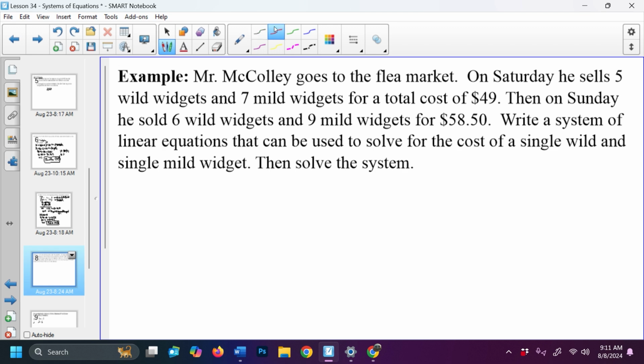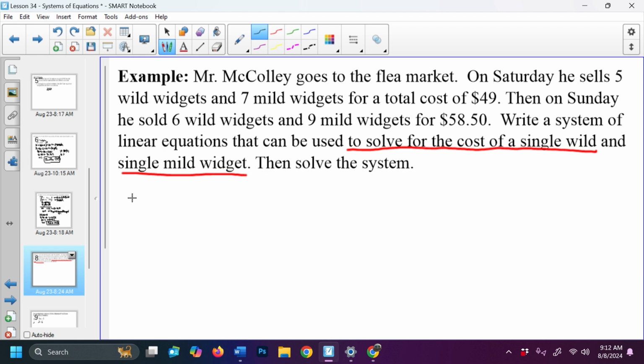So the first thing we need to do if we're setting up a system of equations is we need to determine what the variables are. And the variables are what the question is asking you to find. We need to solve for the cost of a single wild and a single mild widget. Those two things are our variables.